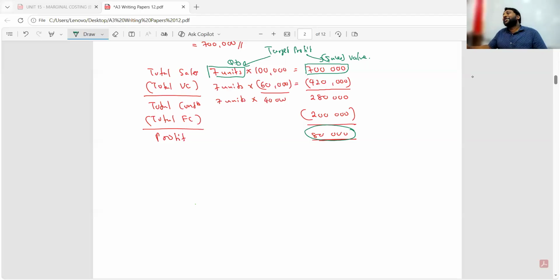It's a good question. When we are doing the break-even point calculation, this marginal costing, people, we are making certain assumptions. One assumption is that fixed cost is fixed. It is not changed. It is fully fixed. Another assumption, people, is that variable cost per unit is constant.